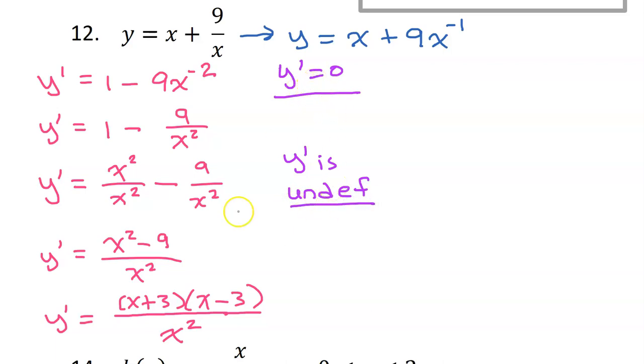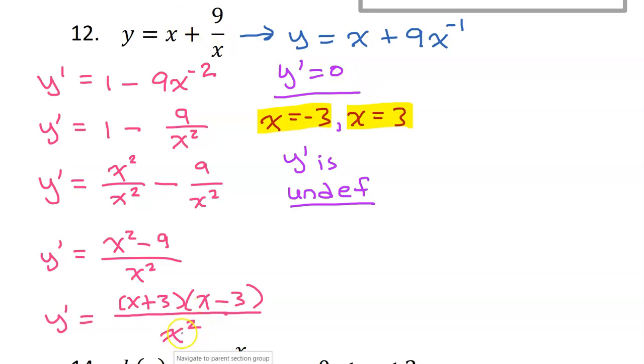So y prime will equal 0 when the numerator is equal to 0, and looking at these factors, we can see that will happen when x is equal to negative 3, that's the first factor, or when x is equal to positive 3 from the second factor. So we have two critical numbers so far, negative 3, positive 3.